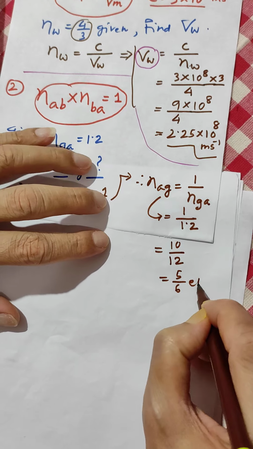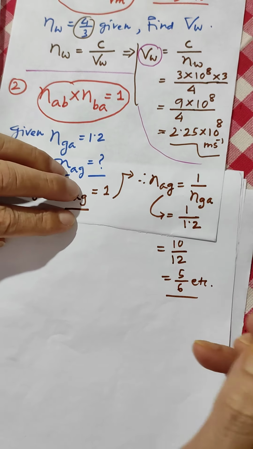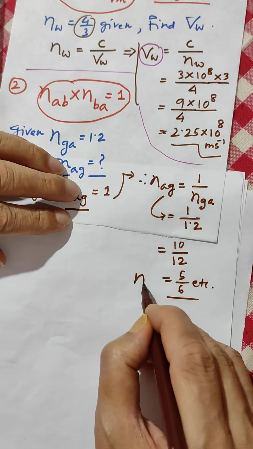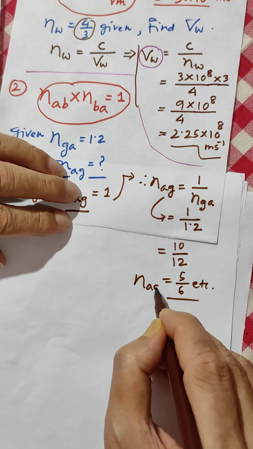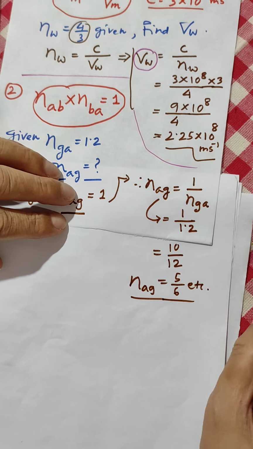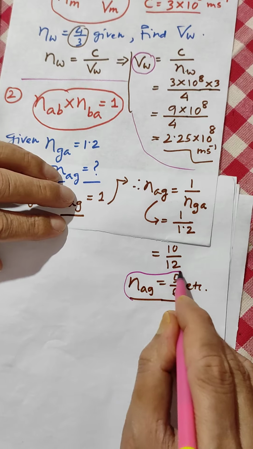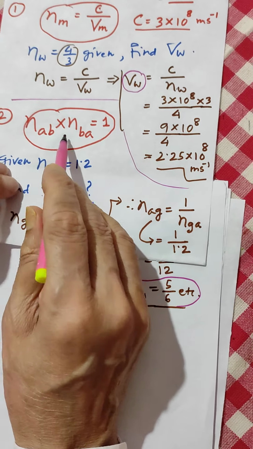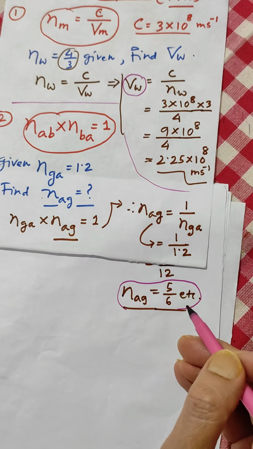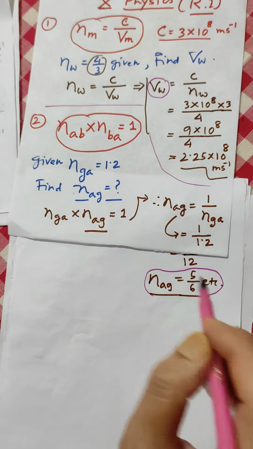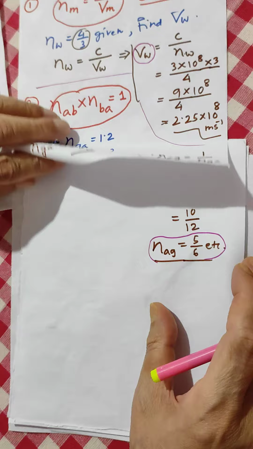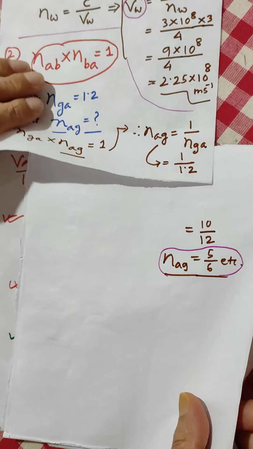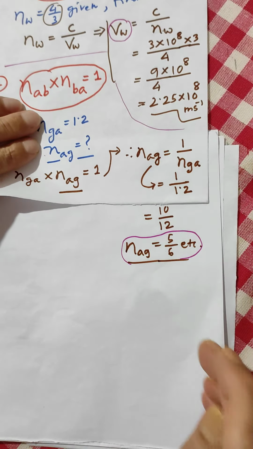You can simplify or convert to decimal, that is up to you. So this was what was necessary, and we have got the answer. What formula have we used? This reciprocal formula. Okay. Alright, now let us see another one. Let us see this one.